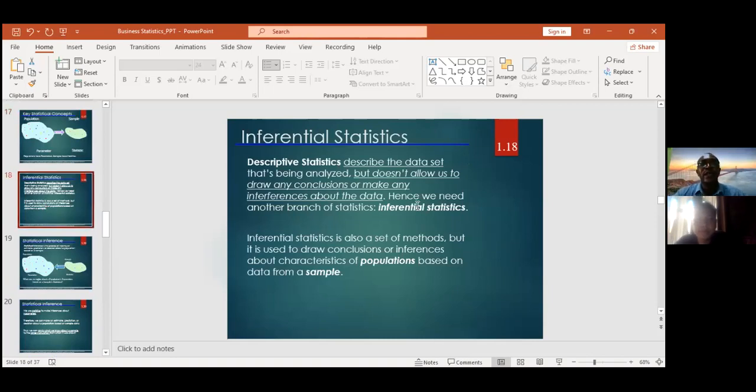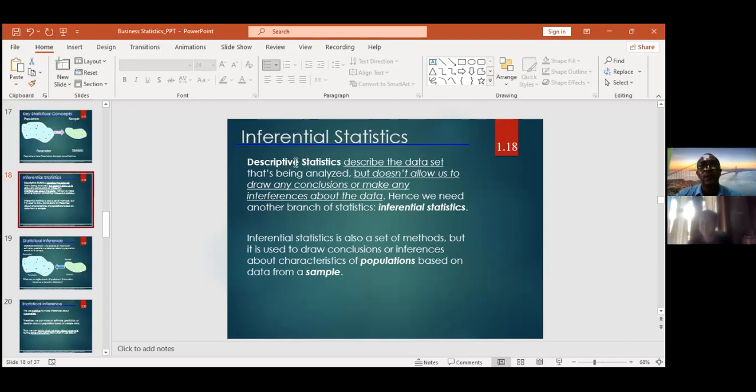So we continue with our inferential statistics. Descriptive statistics only describe the data set that is being analyzed, but it doesn't allow us to draw any conclusion or make any inferences about the data. Although descriptive statistics is very good, making the data very easy to understand, it has limitations. We cannot make inferences based on descriptive statistics.